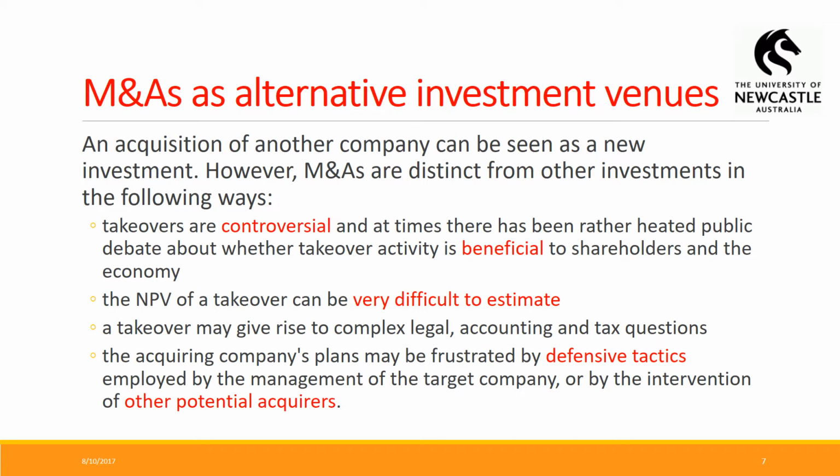Sometimes the management in the target company might implement takeover defenses that make it harder for any company to buy the target company. Also, the investment might be intervened by other companies that also want to buy the target company.